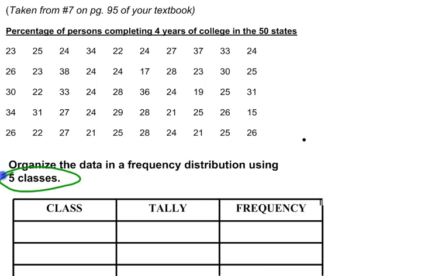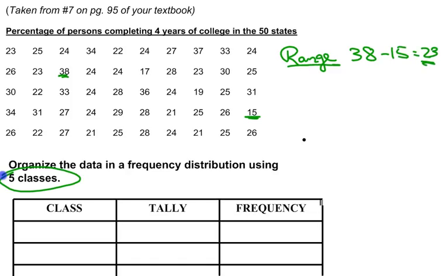So we'll find the range of values, and just a reminder, range is the distance between the highest and lowest terms. As we look through this list, I've already scouted it out for us. The lowest value is 15, and our highest value is 38. So we subtract 38 and 15, and we get a range of 23.